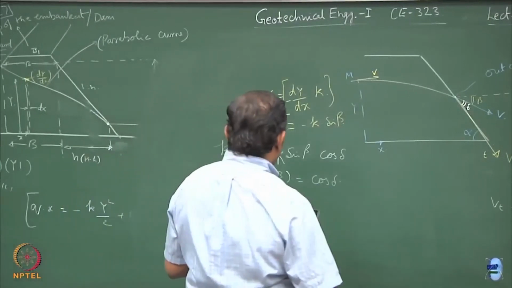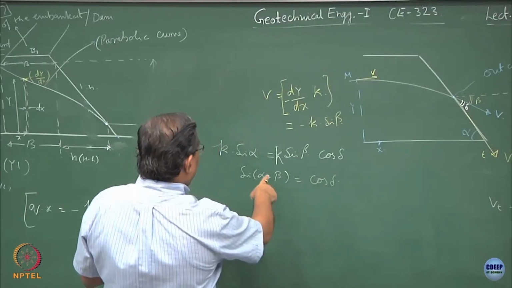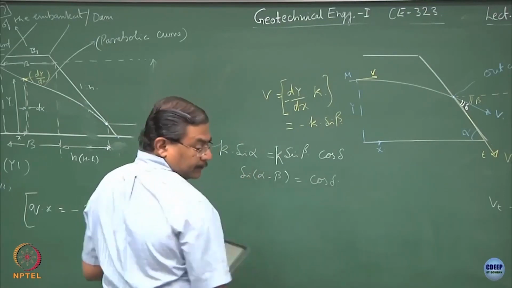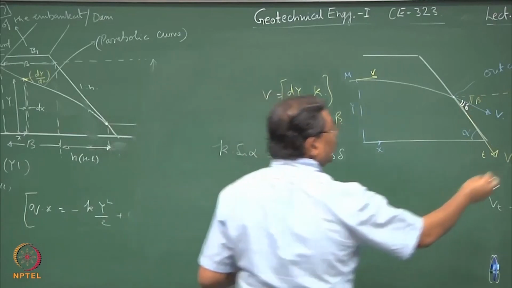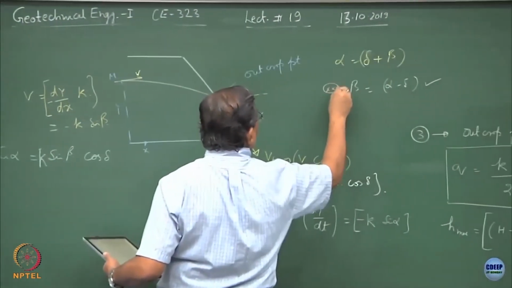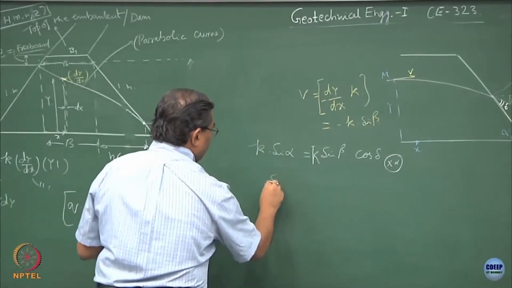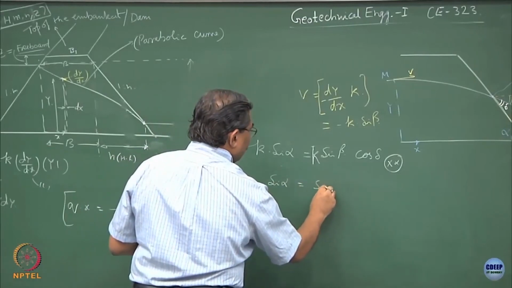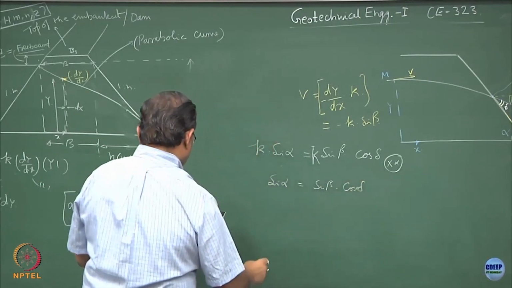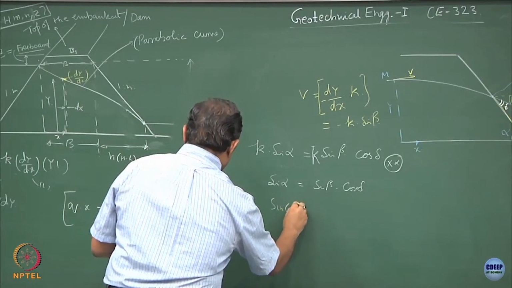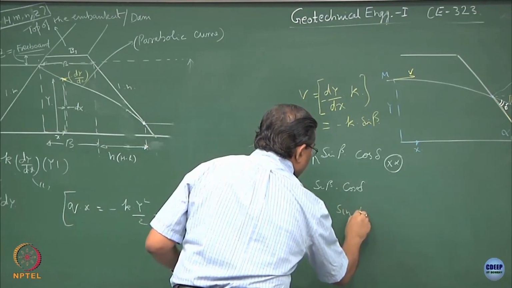So I can say that this function, now I have done a, sorry. So if I substitute this over here, I can show that sin alpha equal to sin beta cos delta, and if I substitute the terms, I will be getting sin of alpha minus delta equal to sin of alpha.